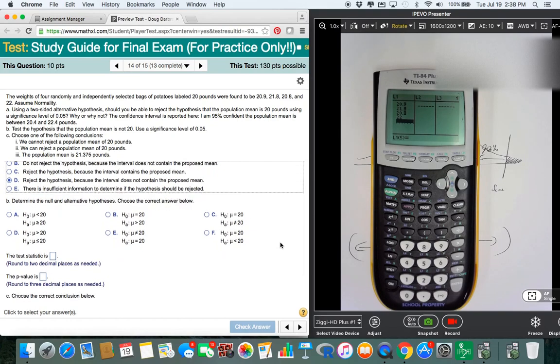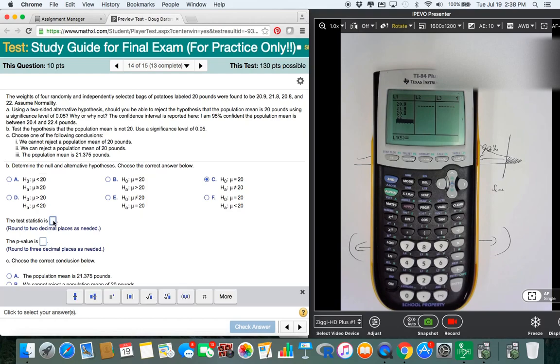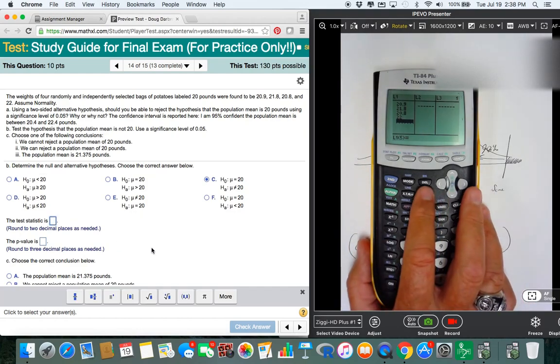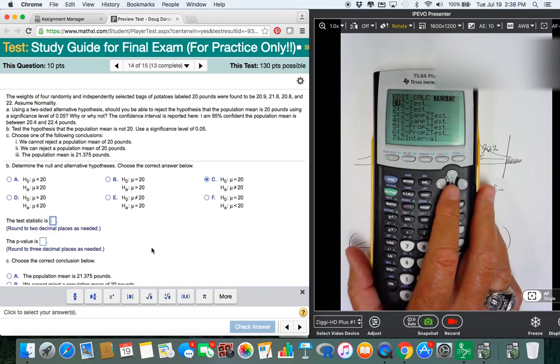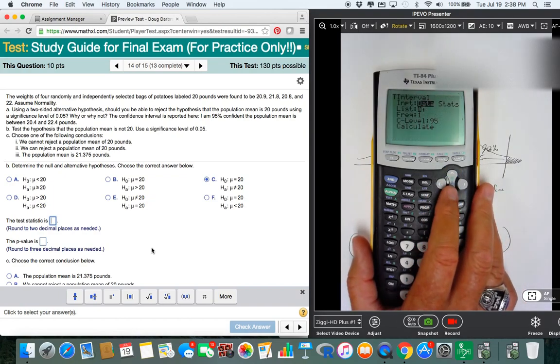Now the question is going to have us carry out the official test of hypothesis. So we are doing that. The claim is not 20, so we need a not equal to alternative hypothesis. So that has to be C. Now, for the test statistic, I'm going to let my calculator do this. I'm going to go stat. The population standard deviation is not known, so we use a t-test. Guys, what am I doing?